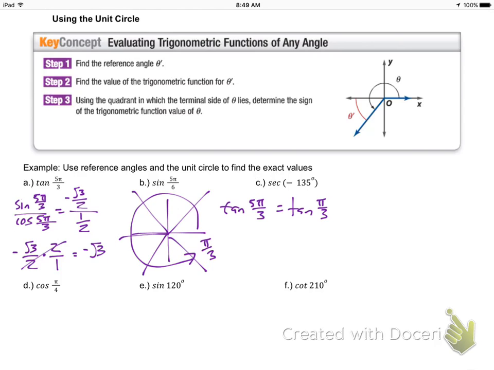You need to actually deal with step 3, I think, sometimes before step 2, because these are not equivalent the way they stand. You know that in quadrant 4, tangent should be negative. So guess what? I'm going to put a negative in front of tangent of pi over 3, because now they are equivalent.